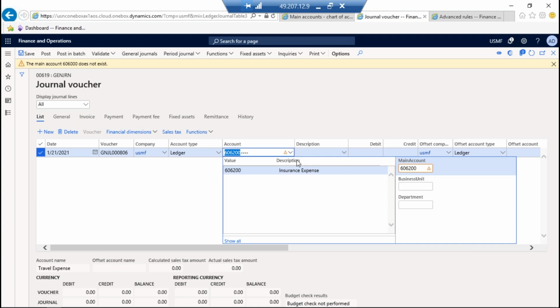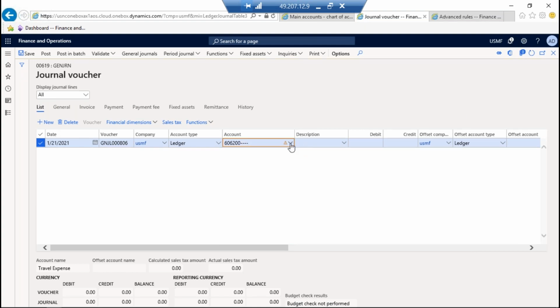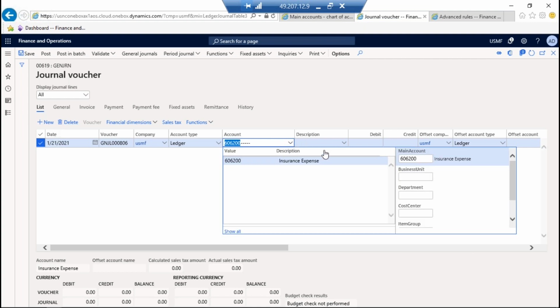Okay, now if you click on 606 200, what happens? Business unit, department, cost center, item group. Along with this one, you will find project.